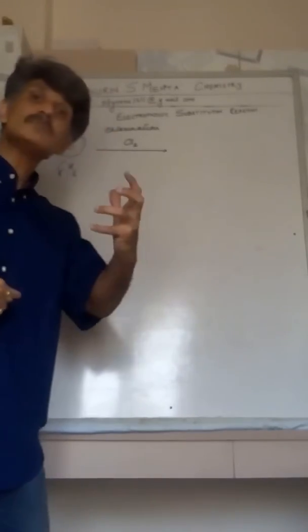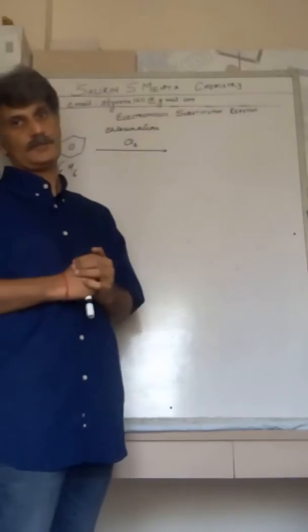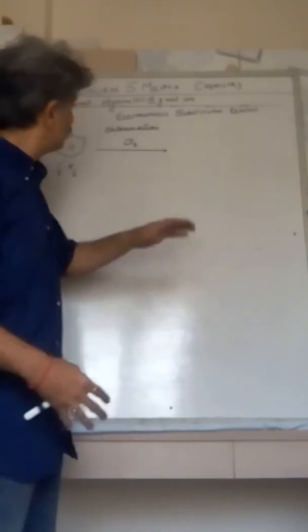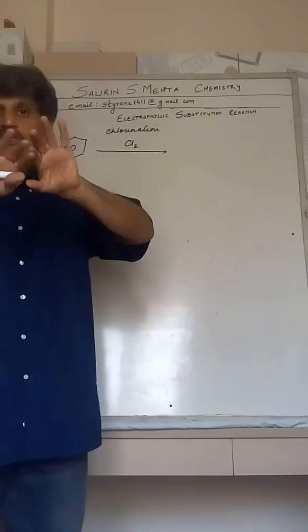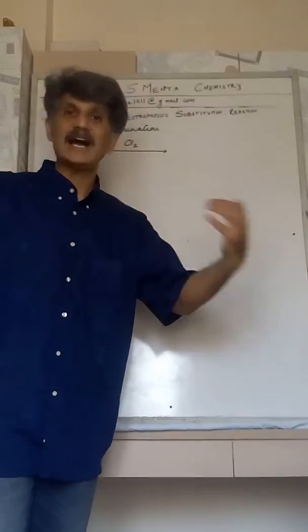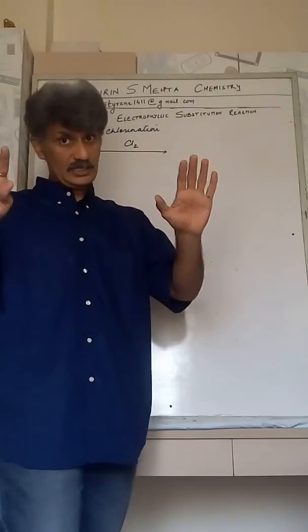So we need some typical, specific, precise catalyst or a reagent which will prompt this molecule to break in such a way that one atom and the other atom splits apart, but not in the form of atoms, but in the form of ions. Fine. In the form of ions, that's not enough.